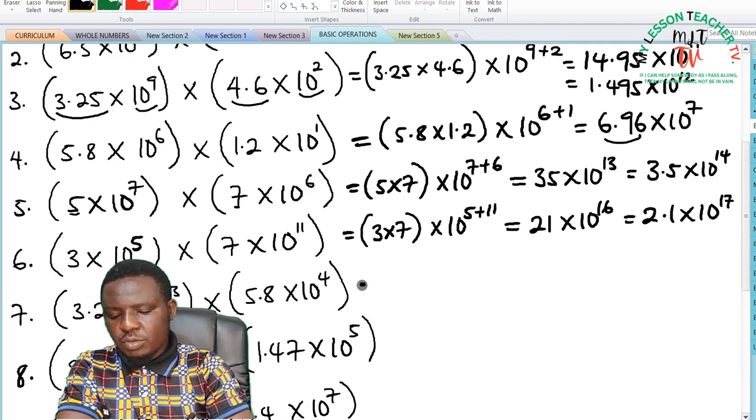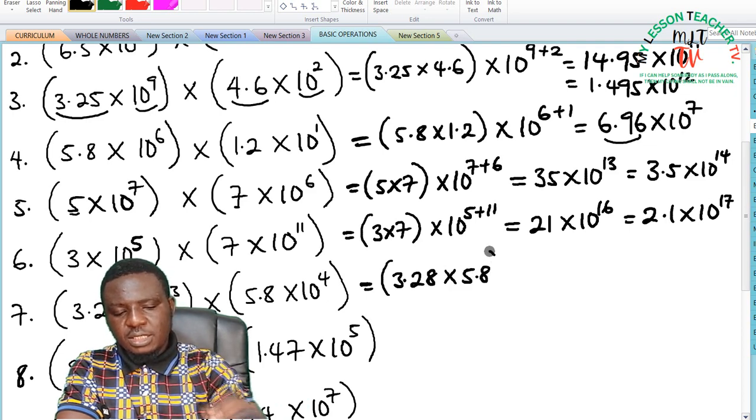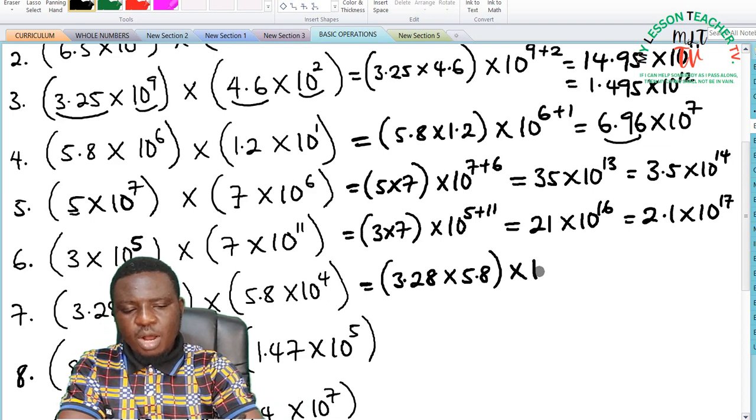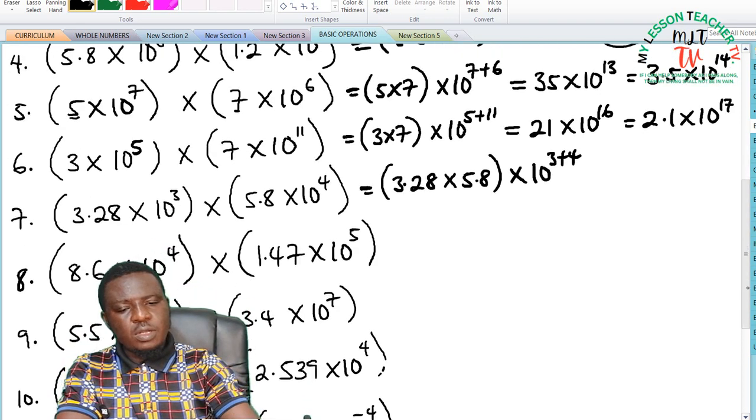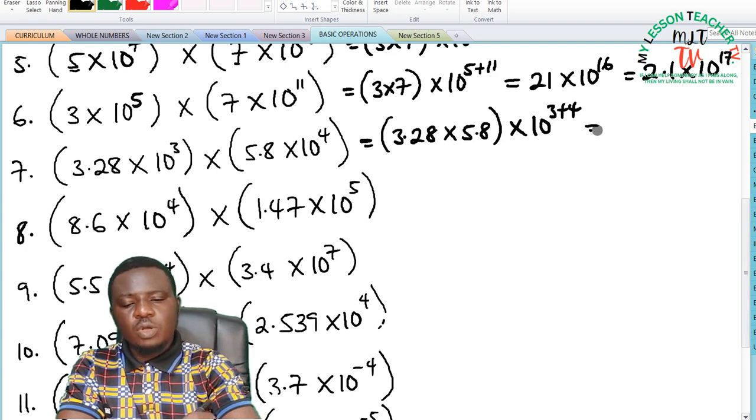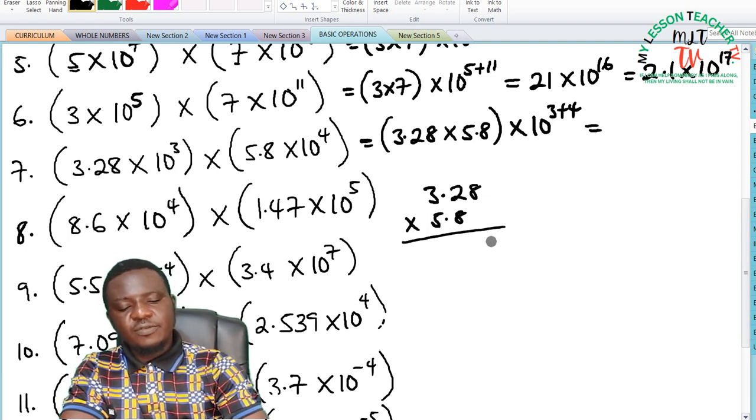Number 7, we have to multiply 3.28 times 5.8 times 10 raised to the power of 3 plus 4. This is equal to, let's multiply 3.28 by 5.8. 8 times 8 is 64.